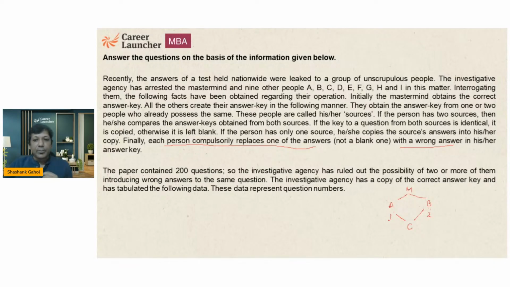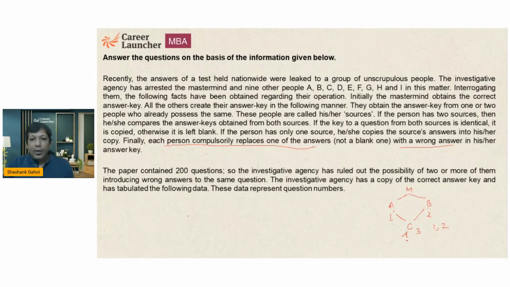Because the answer for question number 1 of A is wrong, while the answer for question number 1 of B is right. So they are different. Same goes for question number 2. Now C sees there is a discrepancy. So what does he do? He leaves question numbers 1 and 2 blank. After that, what does he do? He introduces one more wrong answer. Let's say he is introducing question number 3 wrong.